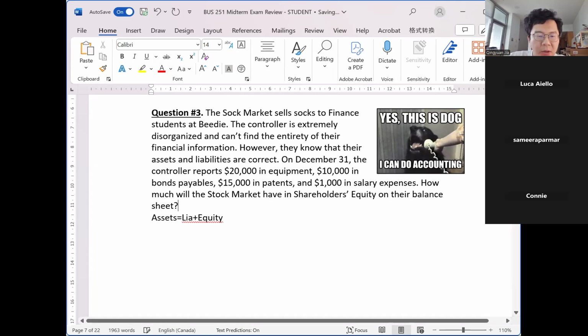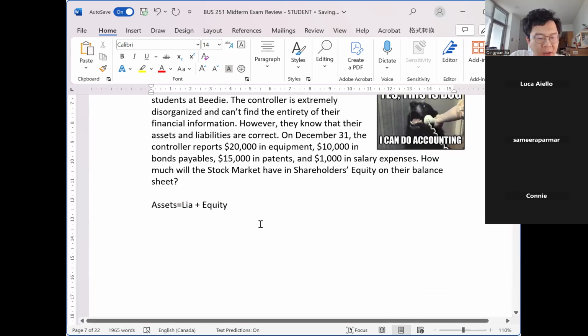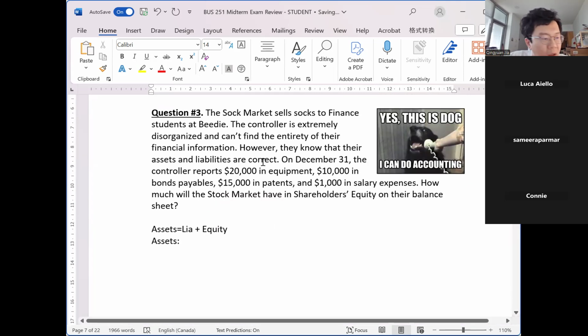Right? So we put the equation here as a hint and reminder for us. And for assets, what do we have? This is the equipment, 20,000.